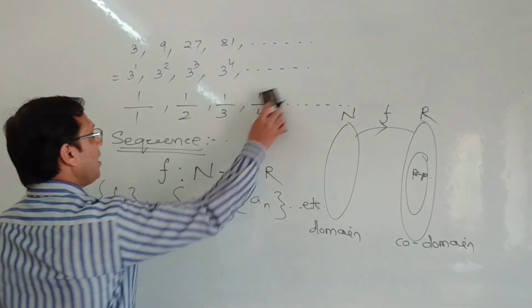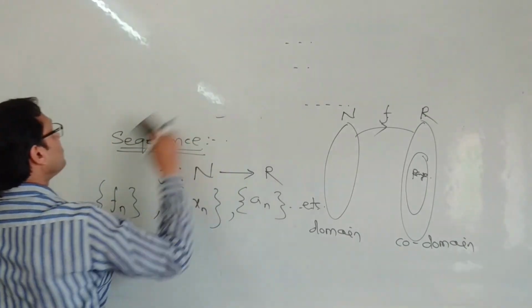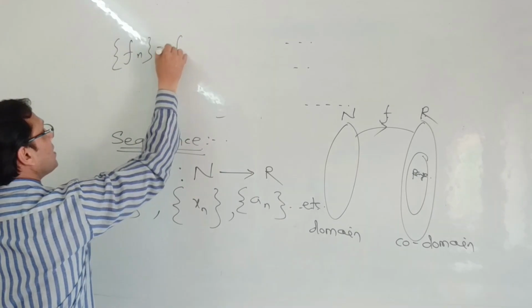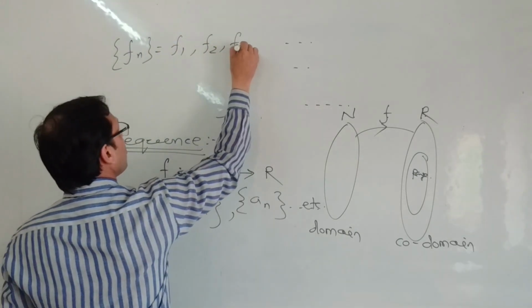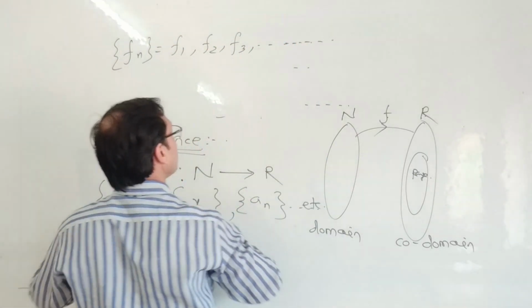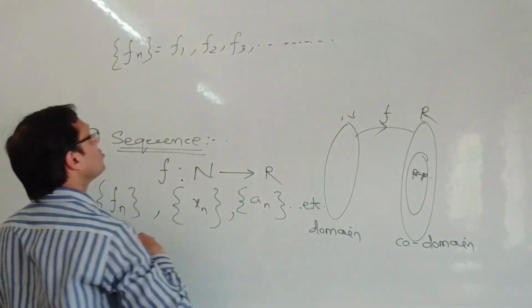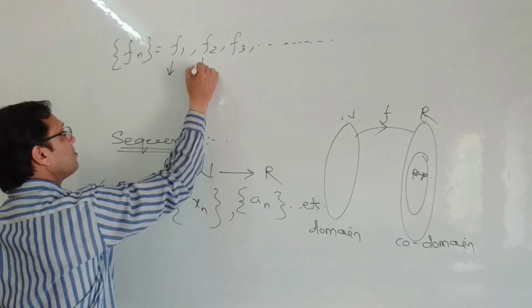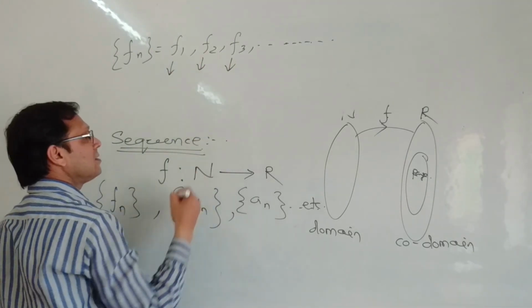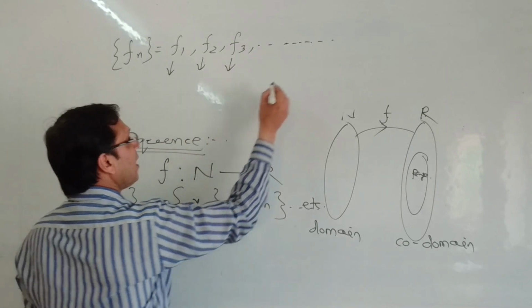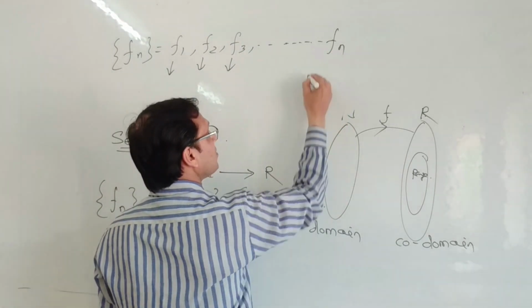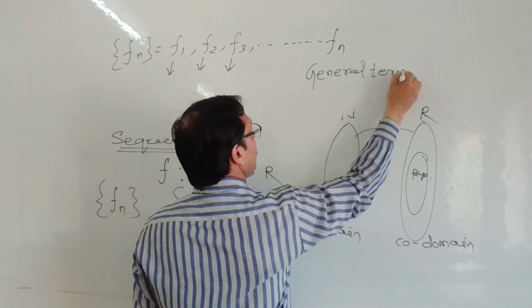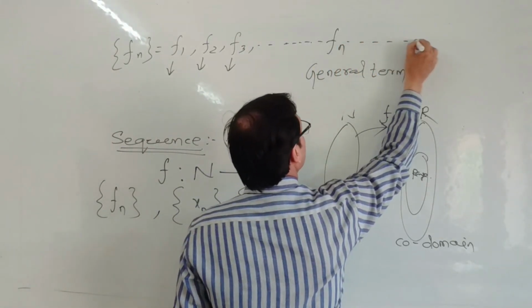The sequence fn can be written as f1, f2, f3, and so on up to infinity. So these are the terms of the sequence, and this is the first term, this is the second term, and this is the third term of the sequence fn. And the nth term is called the general term of the sequence fn, up to infinity.